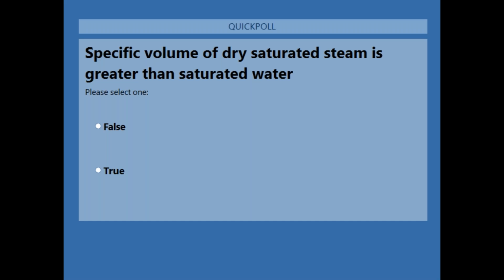Let me explain what is saturated liquid, what is saturated water and what is dry saturated steam. If you remember the discussion we had when I talked about the heating of water at a constant pressure, you must have realized that the water which is about to boil is called saturated water.